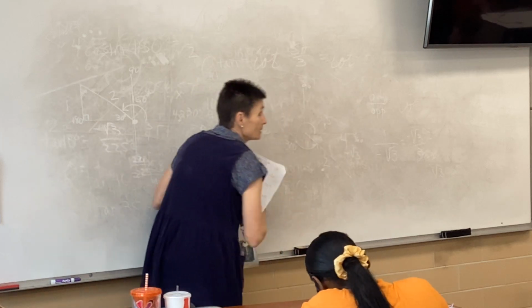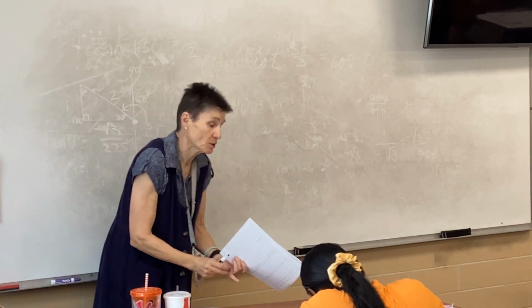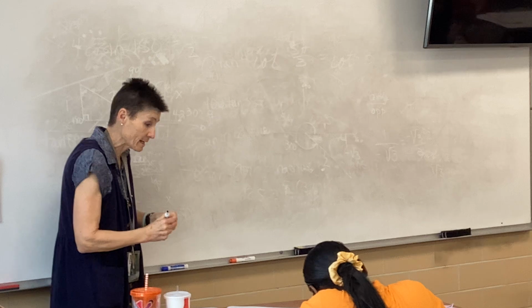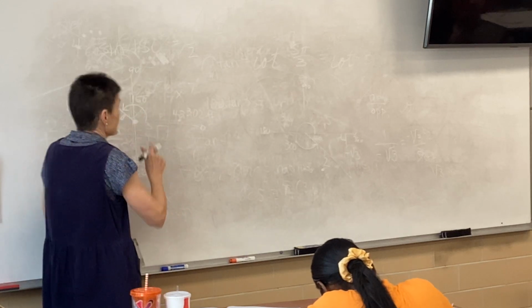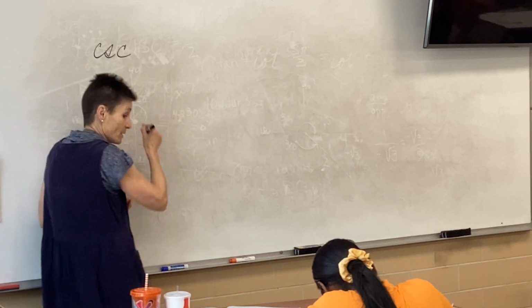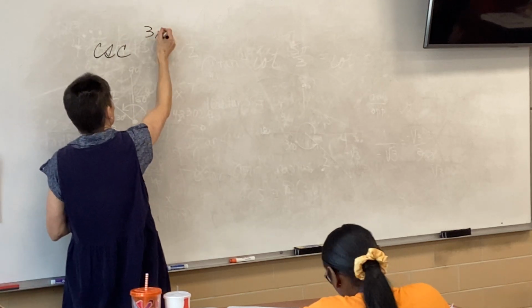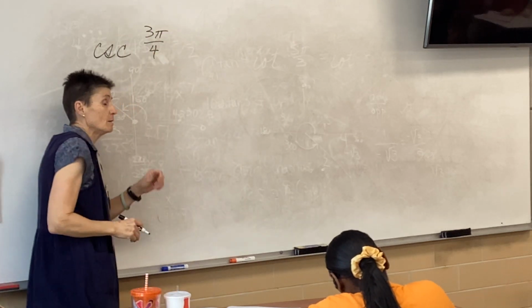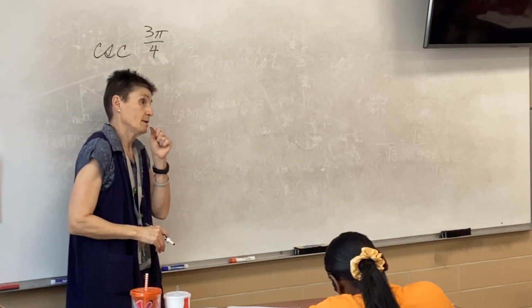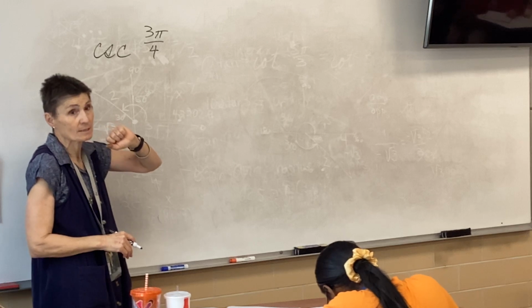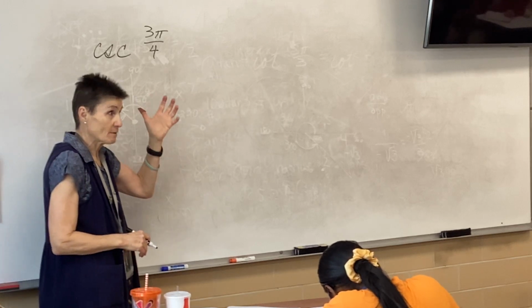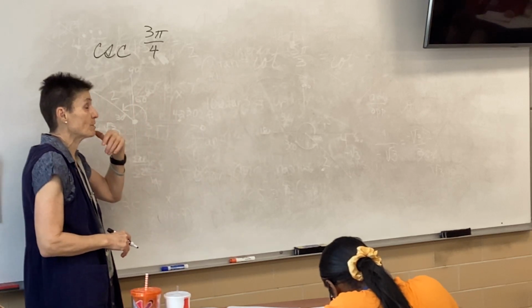Okay? I was having a conversation with some other math teachers this morning, and there are just some things you have to memorize. So, here we go. Cosecant 3 pi over 4. You do not have to change that radian measure into degrees, but for most of us, I think it's going to be easier to do that.